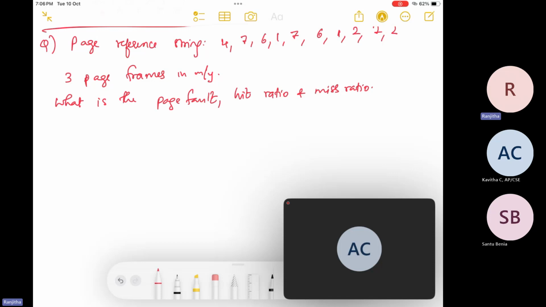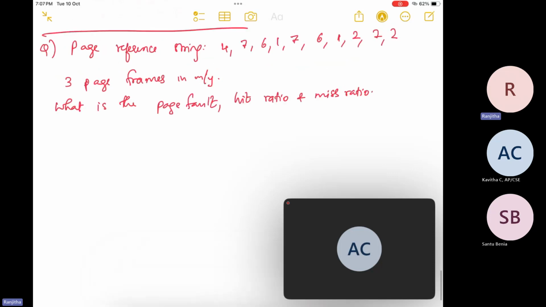Okay, so let's write it in FIFO. It's given that we have initially three frames, so all of them will be empty. So we first bring 4, 7, and 6. So all of this will be a page fault.